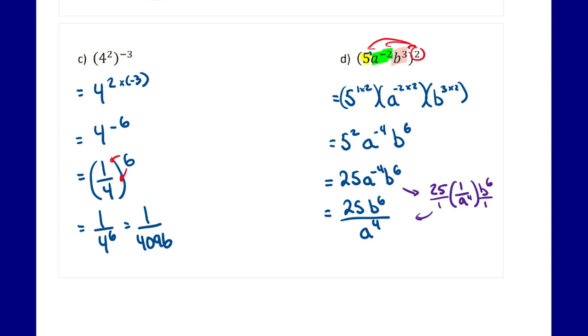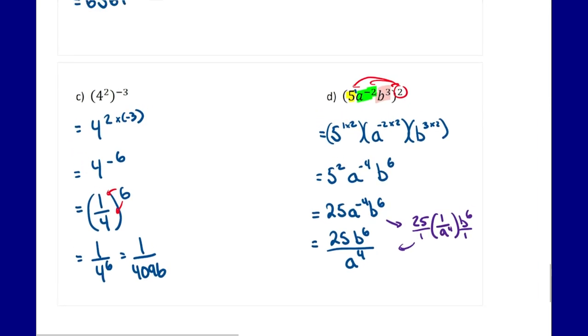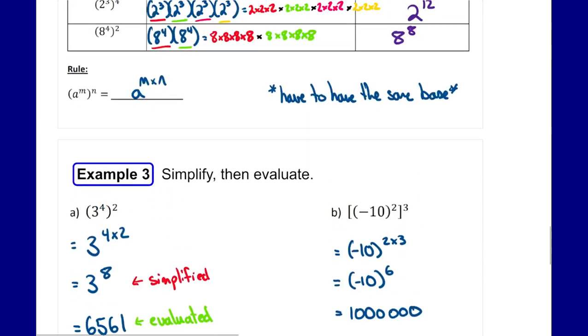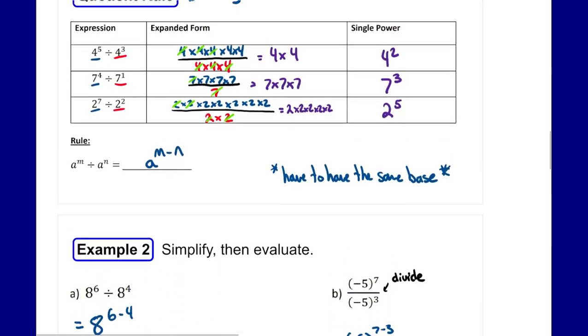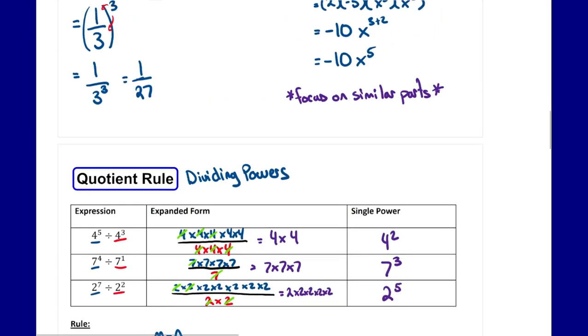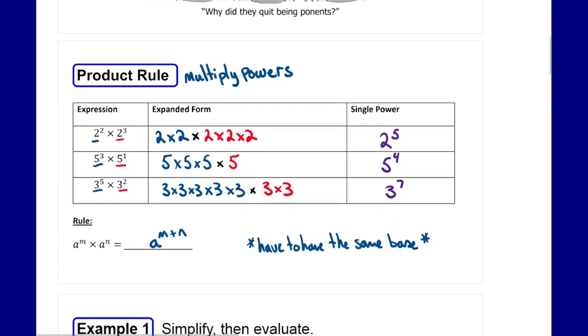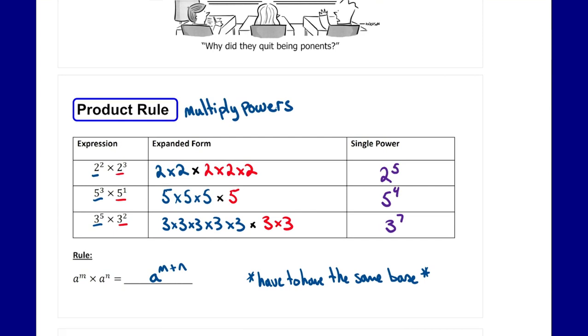So just make sure you remember the 3 rules, take a look back over them, right? Power of a power, we multiply. Quotient or dividing powers, we subtract. And multiplying powers, we add. So those are the 3 rules in addition to the negative exponents and the 0 exponents that we looked at previously.